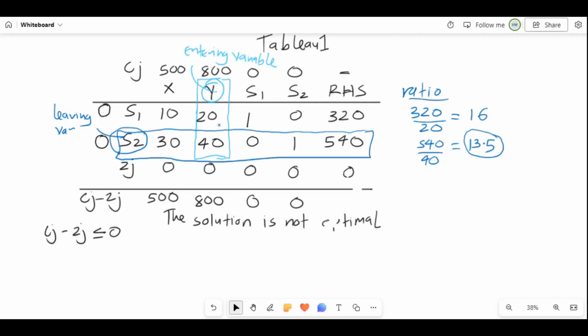So because my key row or my pivot row is S2, I'm focusing on utilizing resources on S2 and distributing it on the other constraint. But I want to focus on S2 while making the other variables constant.